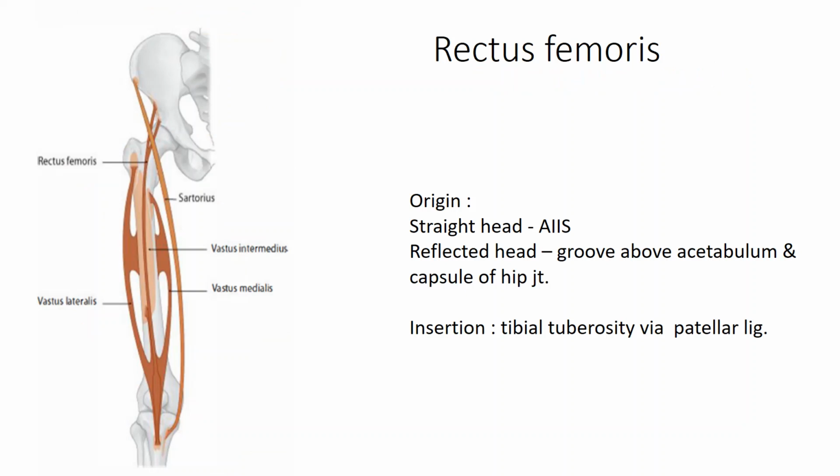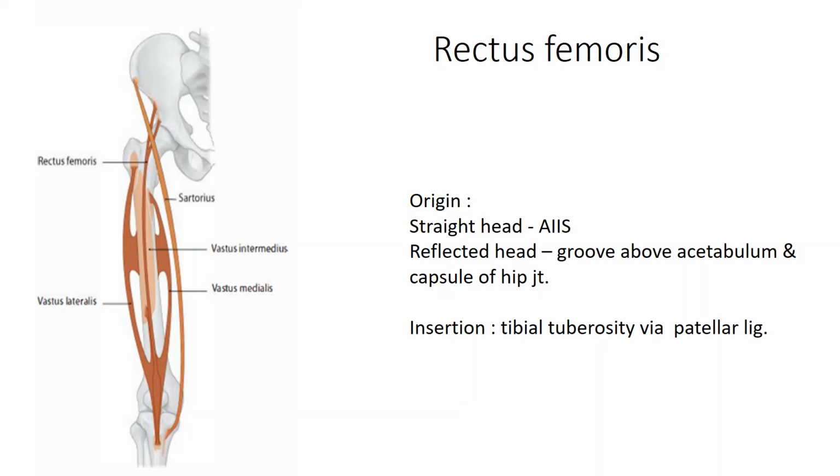Now rectus femoris. It is one of the quadriceps. So it originates as two heads of origin. One is known as the straight head and one is known as the reflected head. The straight head is from the anterior inferior iliac spine, and the reflected head is from a groove just above the acetabulum and the capsule of the hip joint.